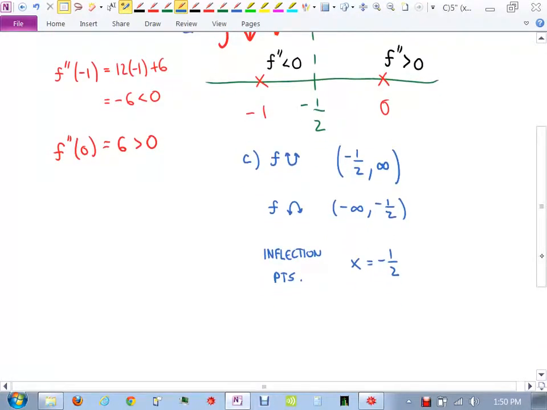Now, as we did before, I'd like to figure out what the function's value at negative 1/2 is. So go back and plug negative 1/2 into the original function. Original function, right? Anyone have it yet?